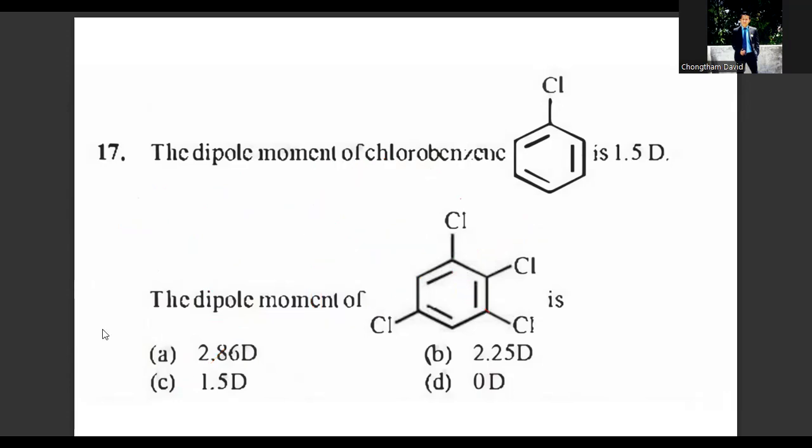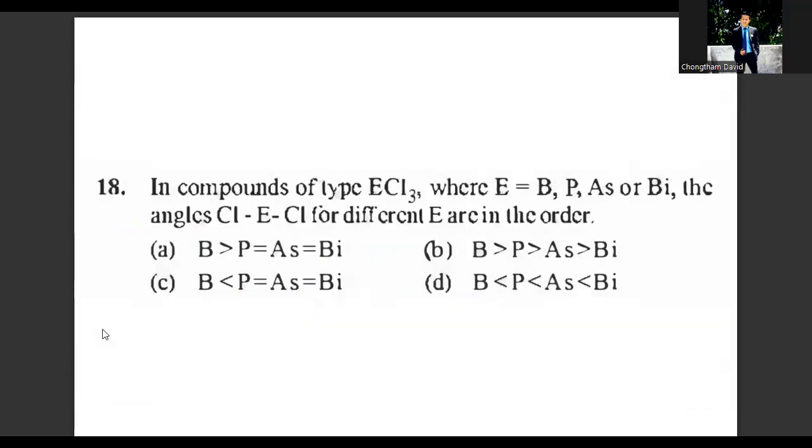Let us proceed to the next question, number 18. In compounds of type ECl3, the angles Cl, E, Cl for different E are in the order... So BCl3 is sp2 hybridized with trigonal geometry and bond angle 120 degrees. PCl3 has pyramidal geometry, and arsenic trichloride has pyramidal geometry.